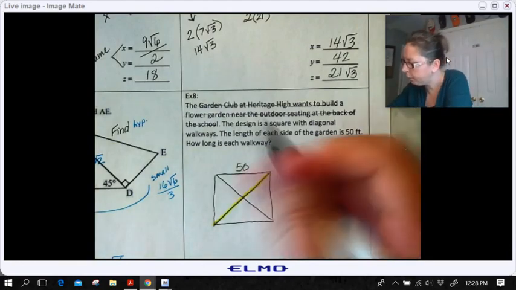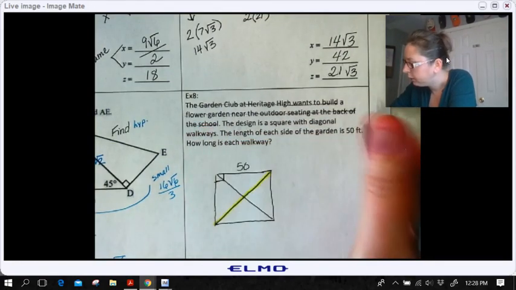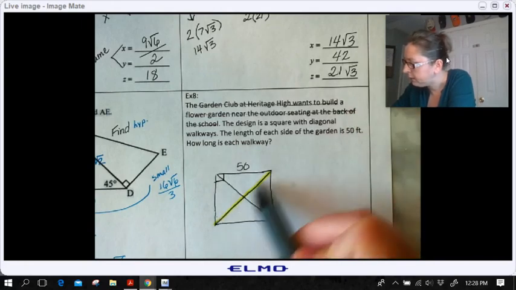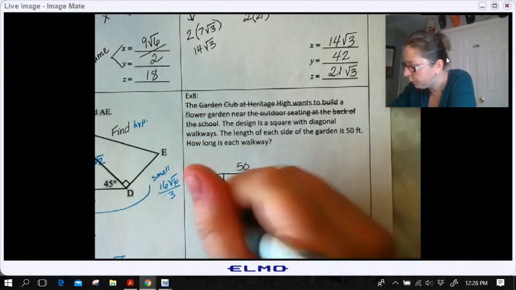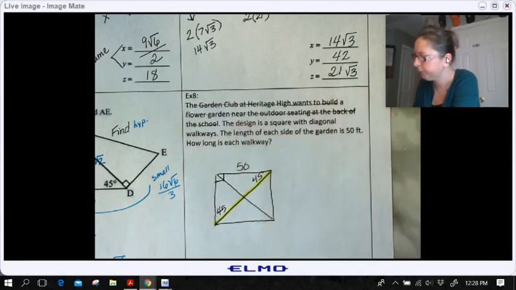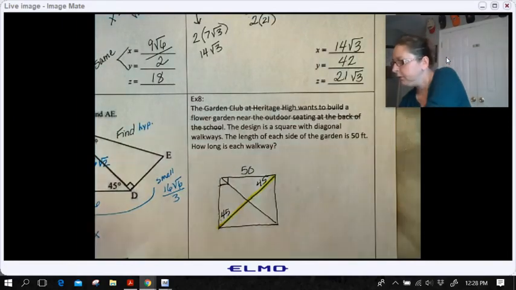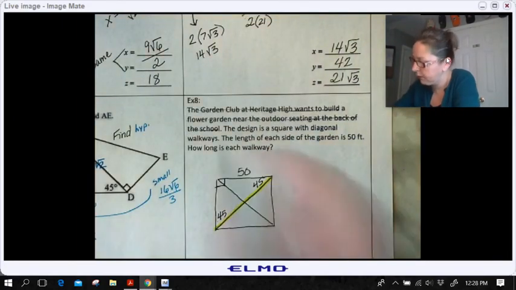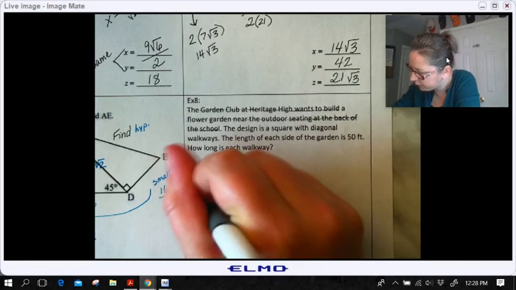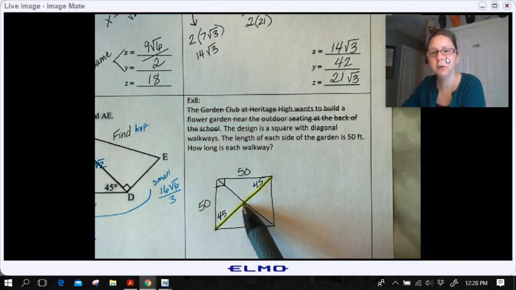So here's what happened. Here's a 90-degree angle right here. And this is cut exactly equal, which means this is a 45, 45, 90 triangle. Okay, so if this is 50, that means this side is also 50. And so how do I figure out in a 45, 45 triangle what the diagonal is?